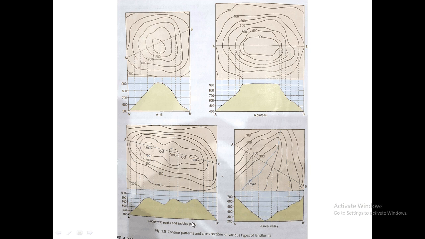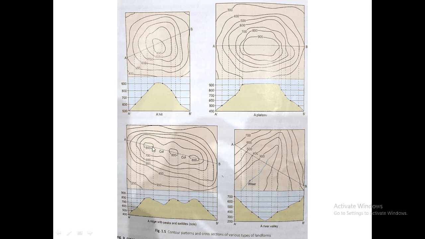Okay, so this is your ridge. There is a chain of mountains in this, and this is how it will show you. So this will be one hill, then another hill, and then there will be another hill, and the space between them is known as col. Clear? This is col.